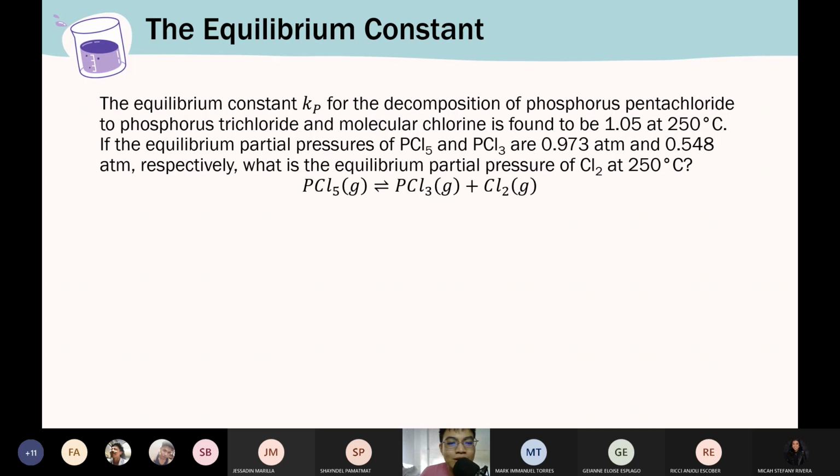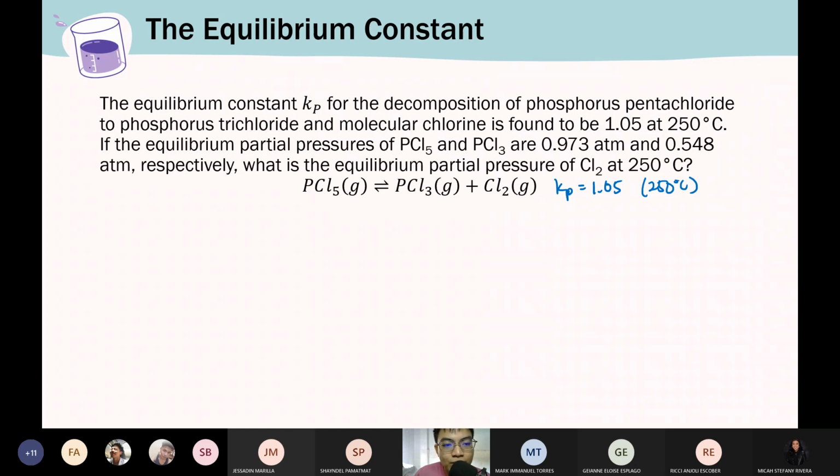The first sentence gives us the value of Kp. The value of Kp is 105 at 250 degrees Celsius. And then what does it say?